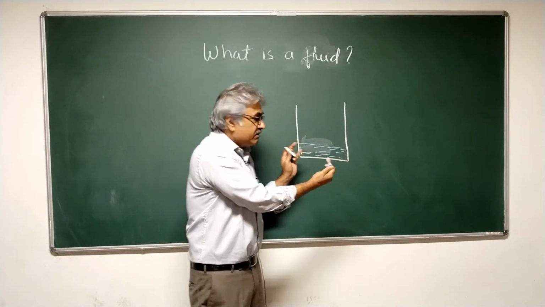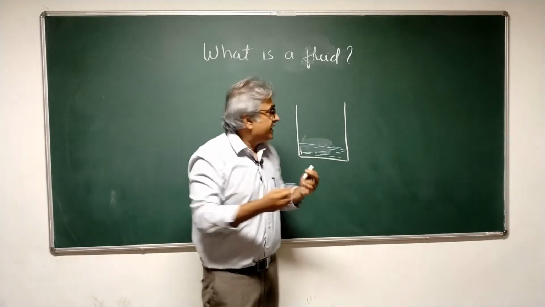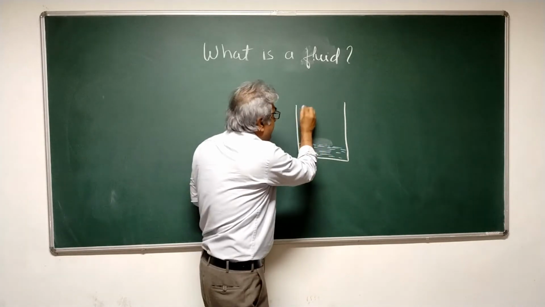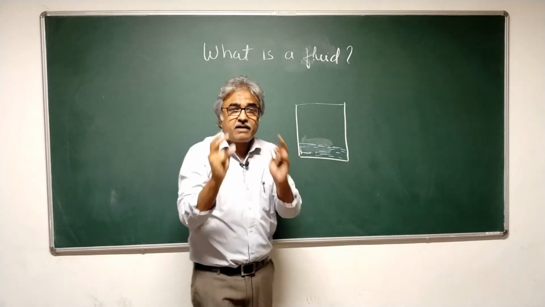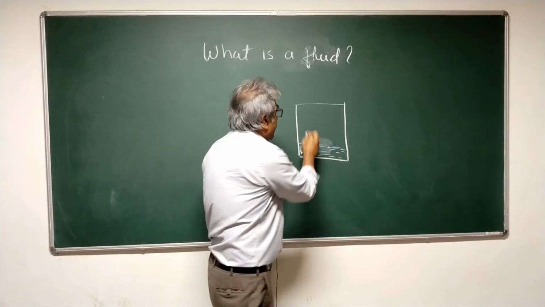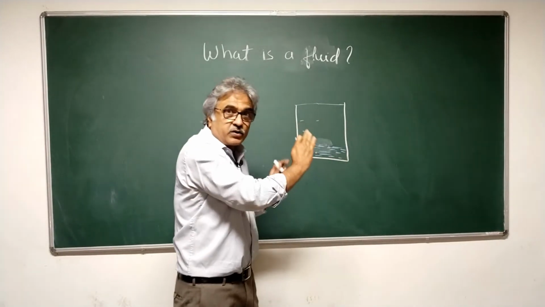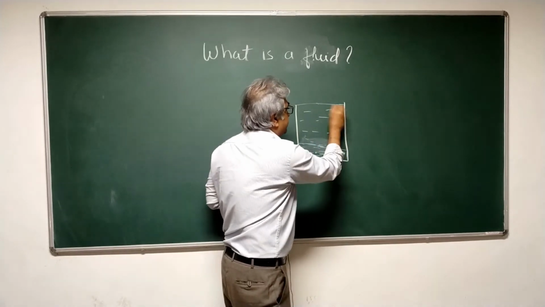Now, but instead of liquid, if we have gas, let's say if we have put gas in this, and if you close this here, whatever little gas is put in this vessel, the entire size or entire volume of this vessel will be occupied by the gas, right?